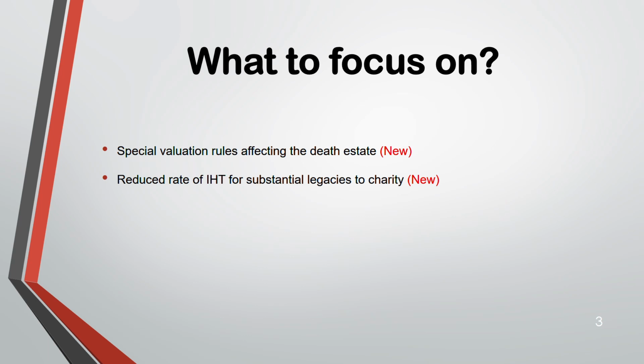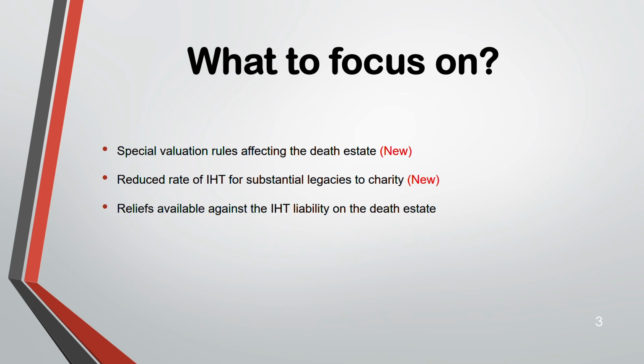Briefly, I came across this in the previous lecture, where I told you that usually the death rate for IHT is 40%, but it can reduce to 36% if you are leaving part of your estate to charity, and there is a threshold for it. We'll see it.